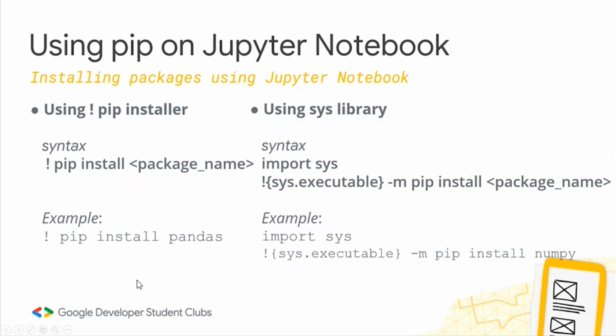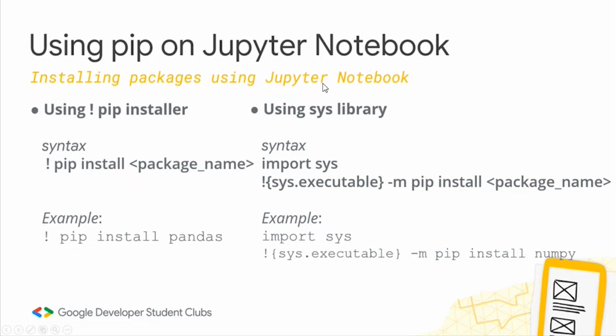Once you're done installing pip, you then move on to installing the package that you want. A common example: when you're on your command window, the terminal, you can just type pip install followed by the package, like pandas or numpy. But inside a Jupyter notebook, you have to use the exclamation mark and then write pip install and the name of your package.